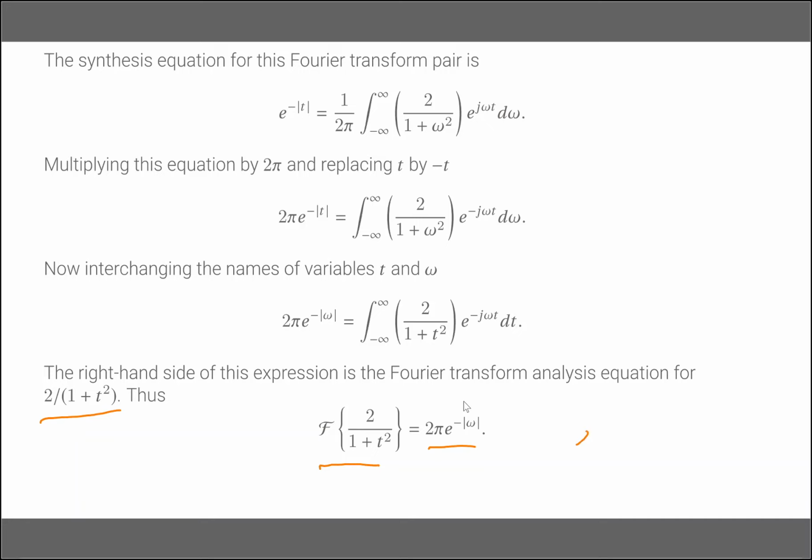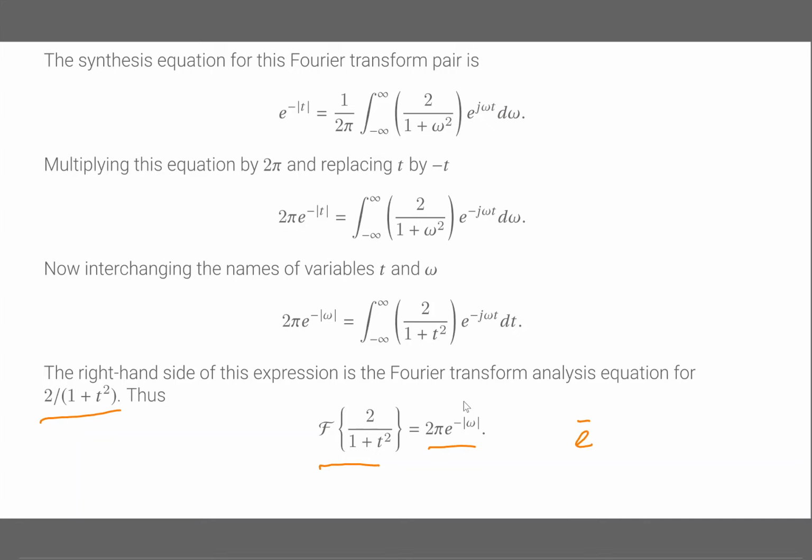So we knew the Fourier transform of e to the power of minus a modulus of t, and using that knowledge, we were able to obtain the Fourier transform of a similar looking time domain signal that was similar looking to the Fourier transform 2a divided by a squared plus omega squared. You see, this is a function of omega and this is a function of t. That looks like that, and this looks like this.